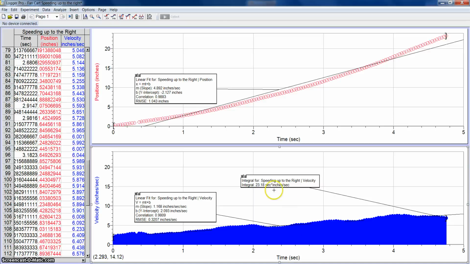For our integral, or our area under the curve, we got 23.18 inches. This is actually our change in position, because the area under a velocity curve is our displacement, or change in position.